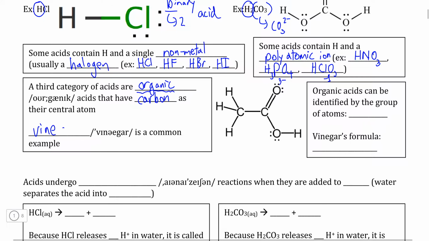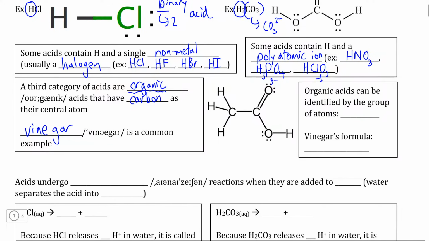This is actually the chemical formula for an acid called acetic acid that is what makes vinegar taste the way that it does. Now, we can identify an organic acid by looking at a single group of atoms, both in its structure and its chemical formula, and that group is COOH.